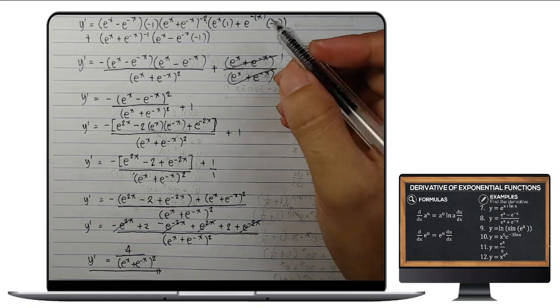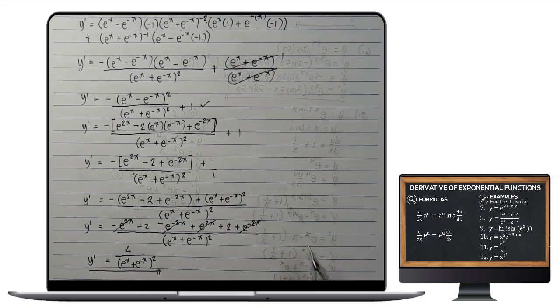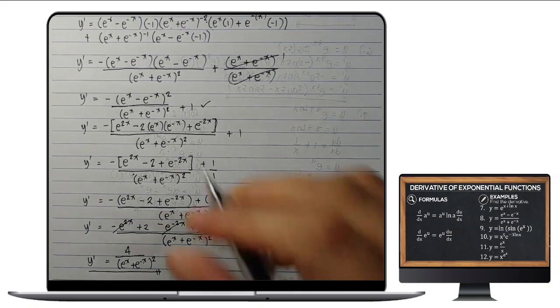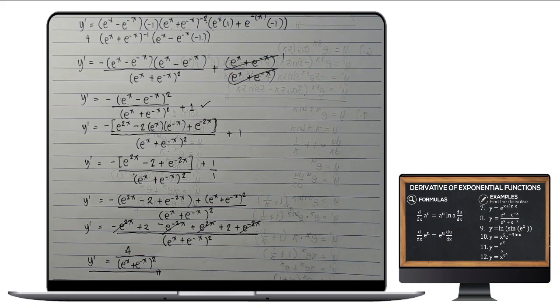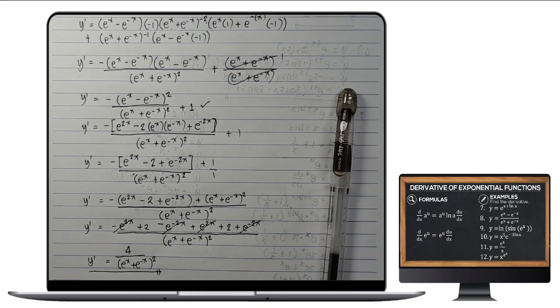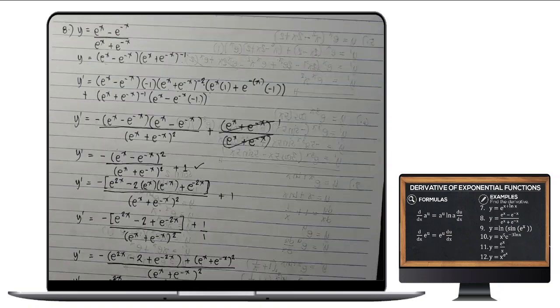Or you may present this part as your answer. Okay, so even without expansion. So okay na din naman ito. So pinresent ko lang in simplified form. Okay, so let's proceed for problem number 9.